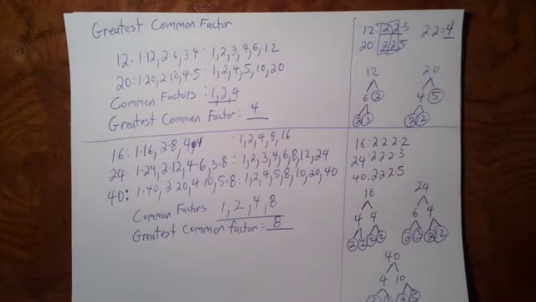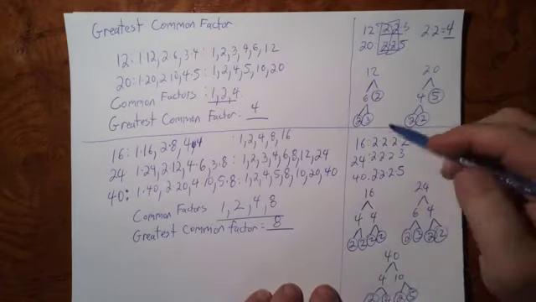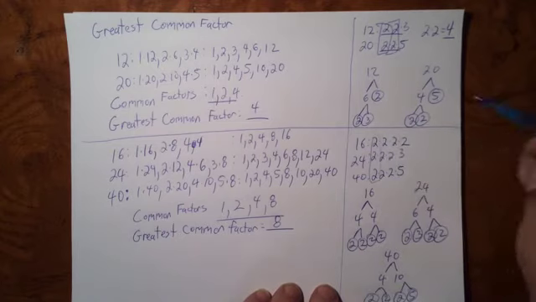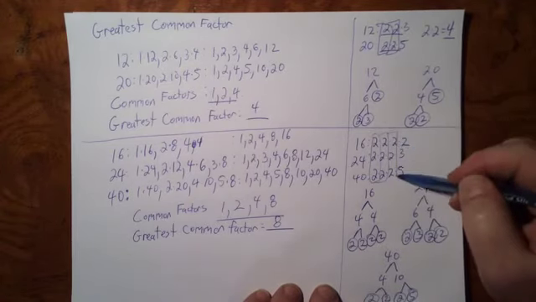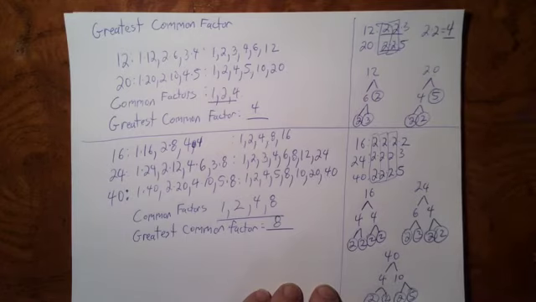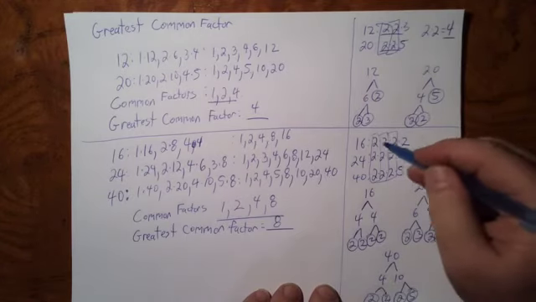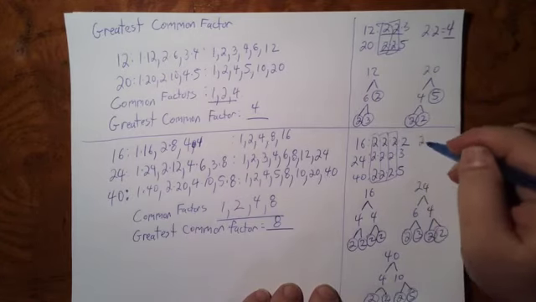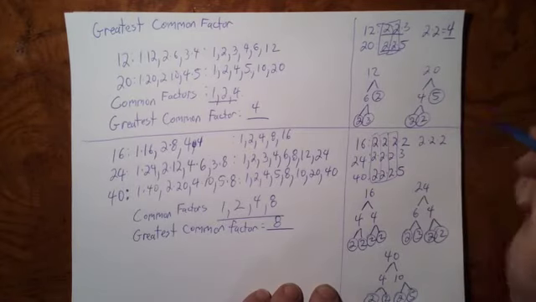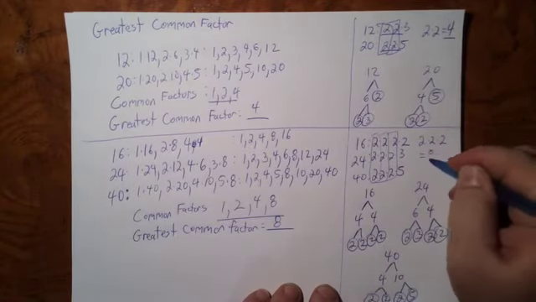So now if I want to identify the greatest common factor for these three numbers, I have to identify all the prime factors that they have in common. So we have 2's that are in common here, 2's that are in common here, 2's that are in common here. So if I take the numbers that are in common, 2 times 2 times 2, that is going to equal 8.